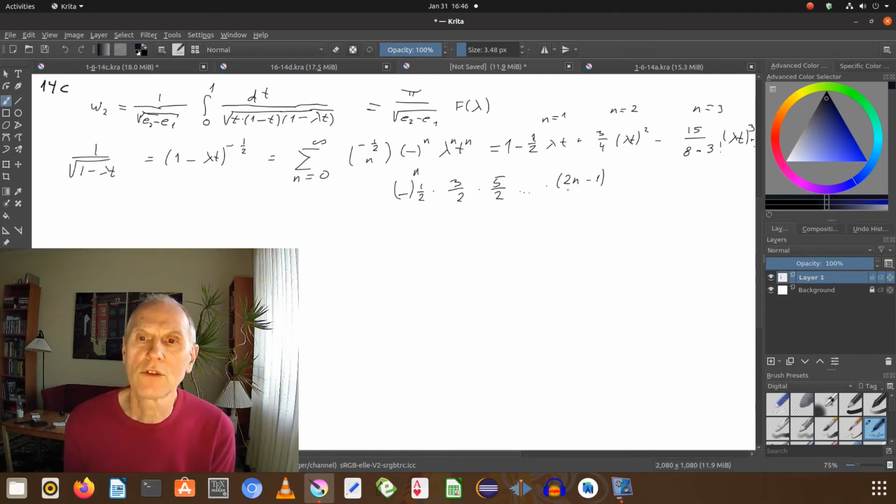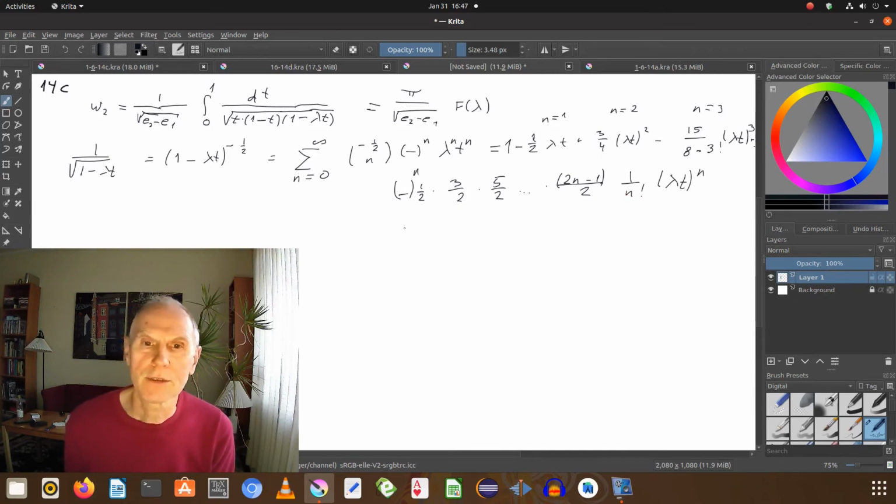If n is 2, it's 3 halves, and then divided by n factorial, lambda t to the nth.